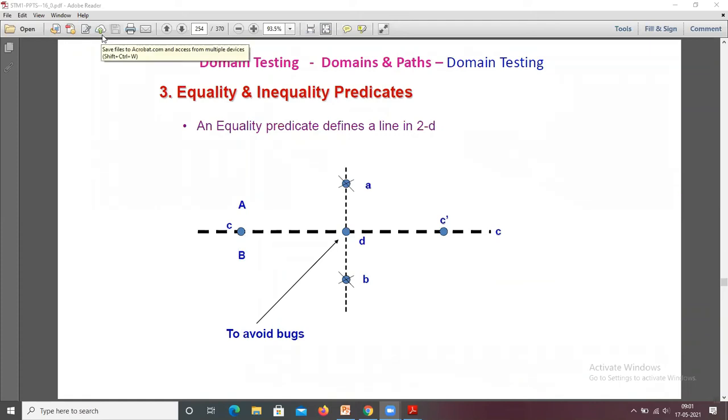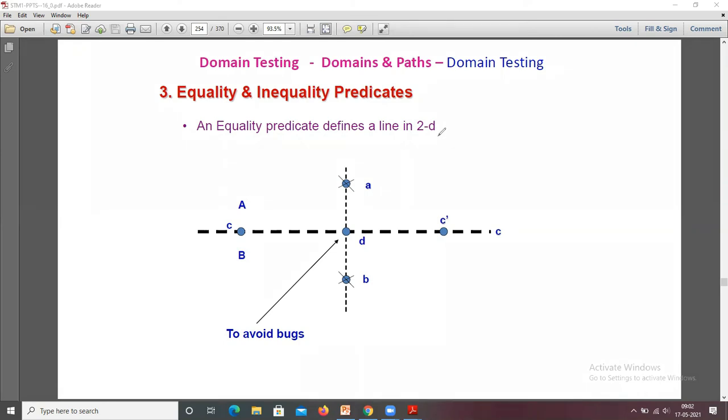The third one is equality and inequality predicates. An equality predicate defines a line in 2D. What does it mean?